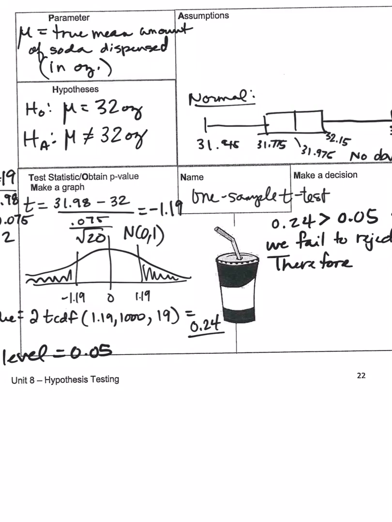Therefore, there is or there is not? There is not. Good. Failing is not, isn't it? Not sufficient. You know how else you could say that? It's not convincing evidence. There's not sufficient evidence to support what? You can say HA, but you better finish with what that means in context.